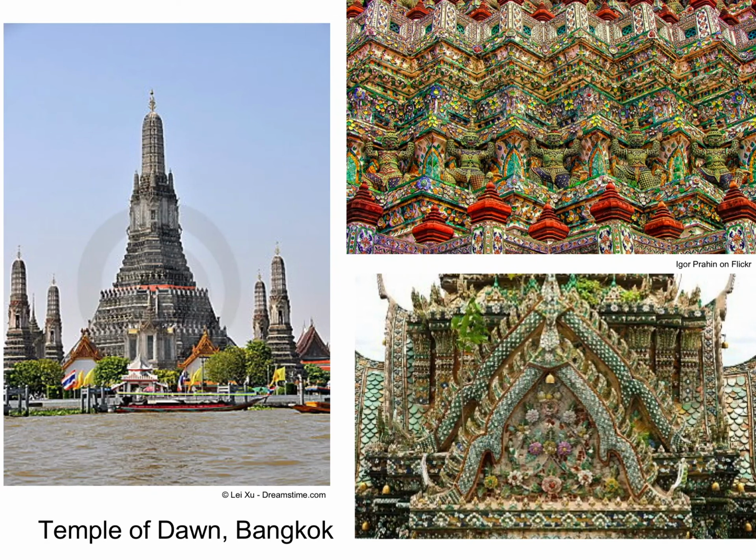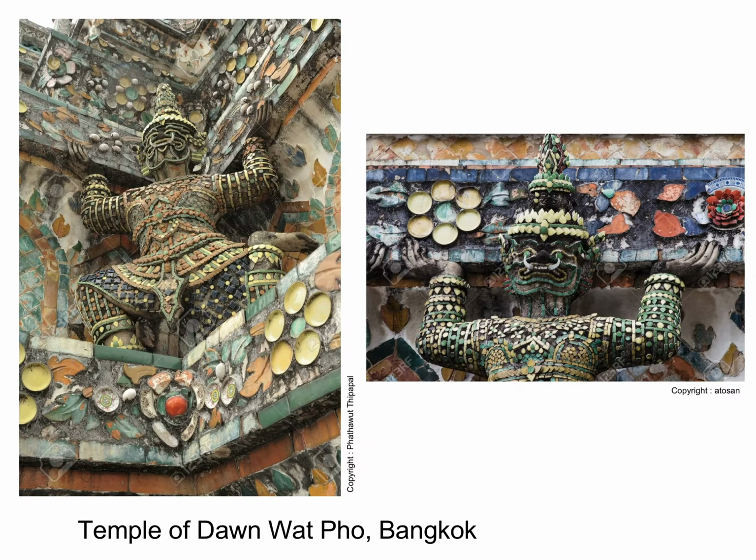There are many buildings worldwide that incorporate ceramic in the making of the form itself, usually bricks, and then covered with polychrome glazed surfaces and shards and fragments of all kinds and objects made specifically for the decoration of the building. The Temple of Dawn in Bangkok is one of the most notable examples.